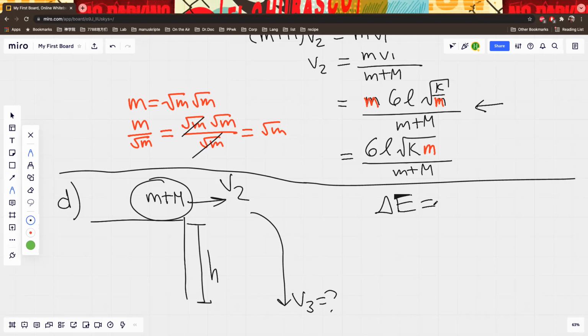All right, so at the start it'll be a half of the mass of both objects times the velocity v2 squared.